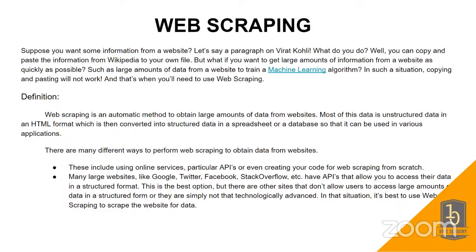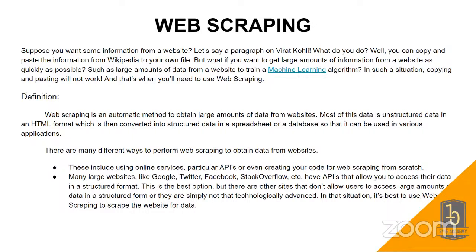So what does the definition say? It defines web scraping, and it is basically the solution to the problem that I just described. If you want to scrape a large amount of data about all the cricket players from all the active cricket teams, you can get the data from a website like ICC's website or Star Cricket website.